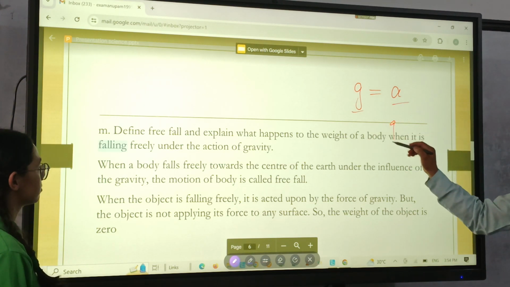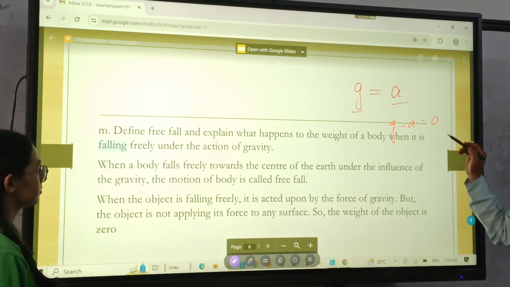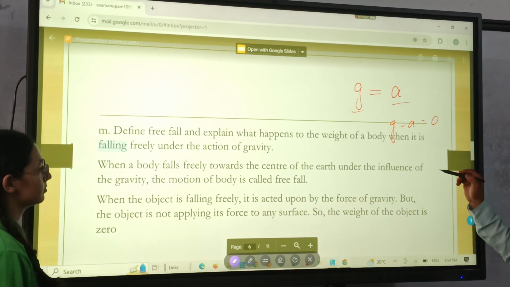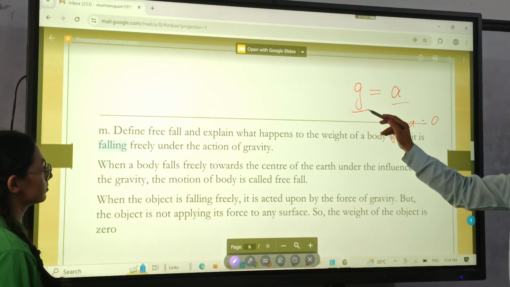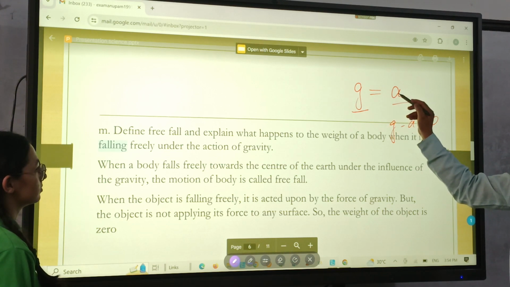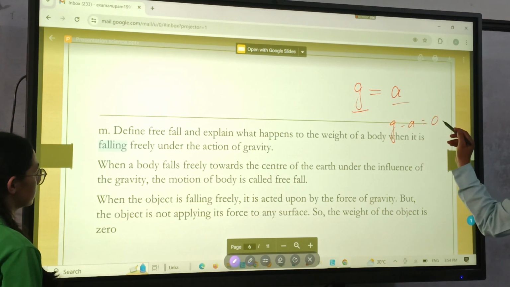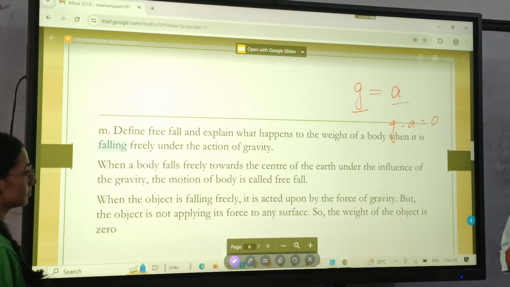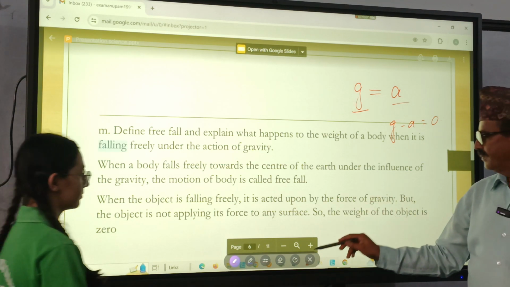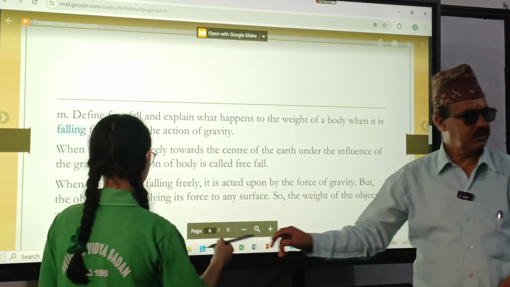So when we subtract G minus a, how much will you get? Zero. Acceleration due to gravity, and it's also falling with acceleration. The difference is zero. Weight also will be zero. All right. Next.